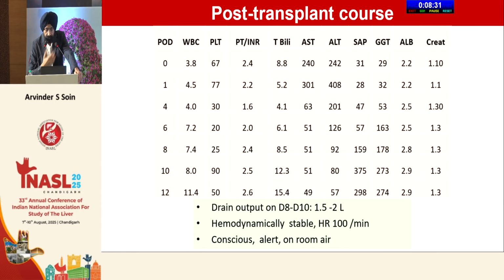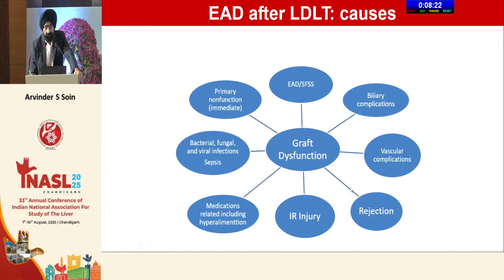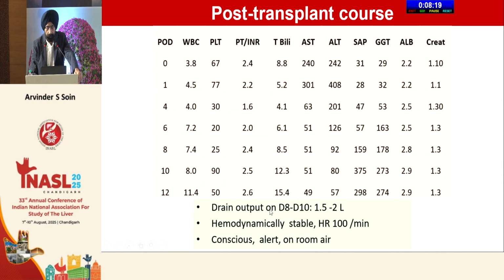This is what happened in the first 2 weeks. His drain output continued to be high. If you look at the bottom, the drain output on day 8 and day 10 was around 1.5 to 2 liters per day. He remained hemodynamically stable. He was conscious, alert. His respiration was good. If you look at the pattern of bilirubin, it initially fell from 8 to 4.